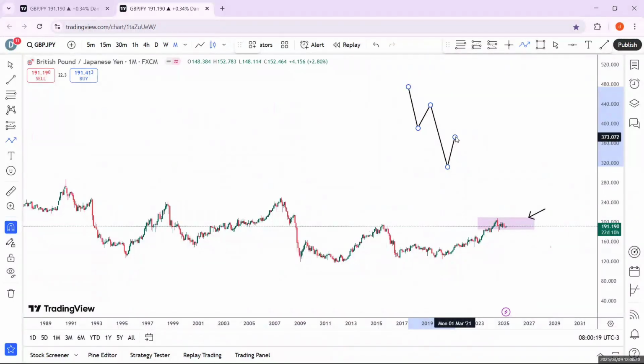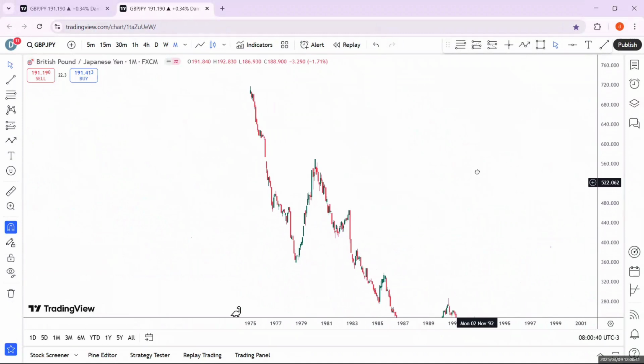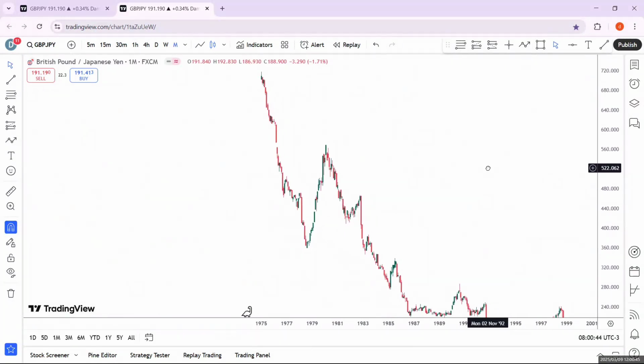But the bullish movements are these exhaustions, and the 61.8 Fibonacci level ends these exhaustions. After every push, there must be an exhaustion, because a bearish structure comprises clear structures of lower highs and lower lows. So without any doubt, GBP JPY is bearish. The pound has been falling against the Japanese yen since 1975.